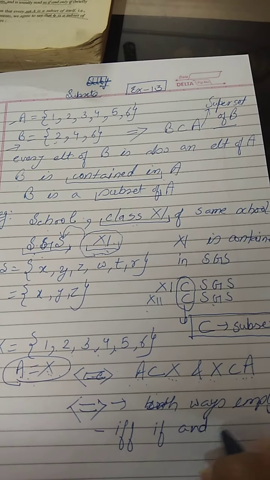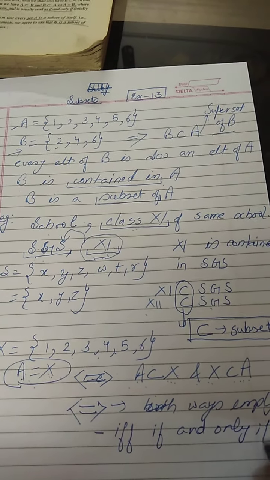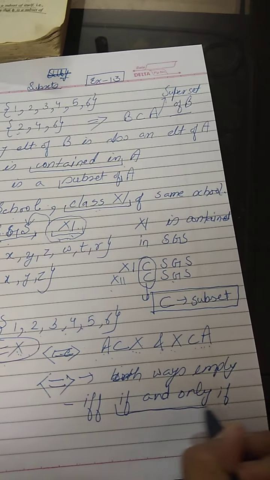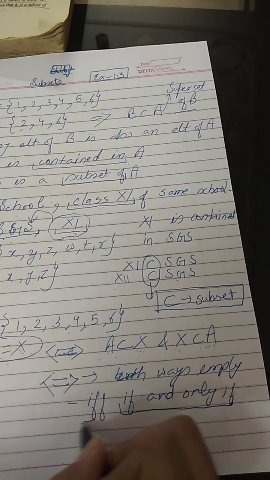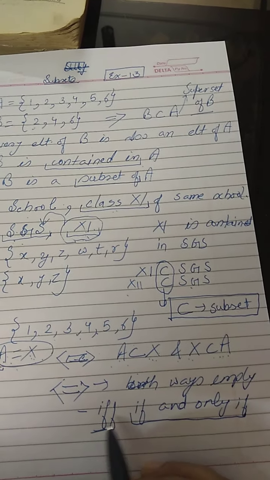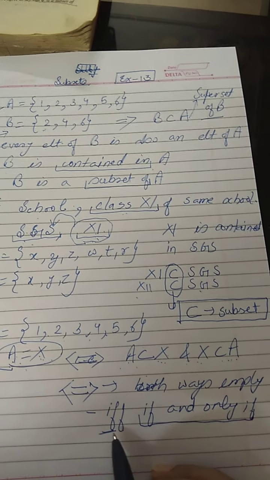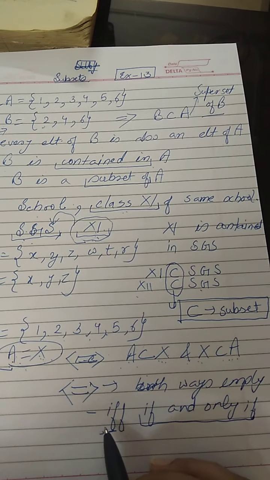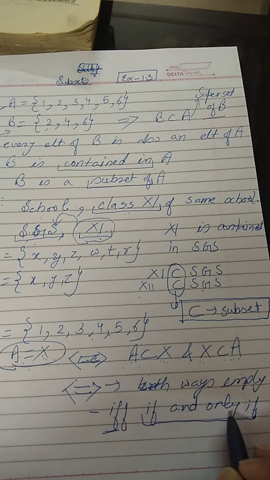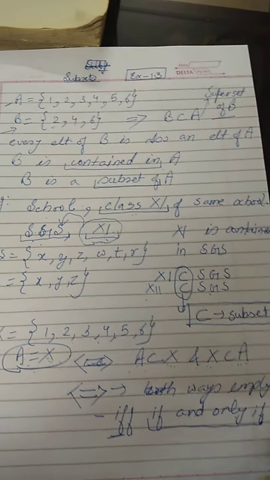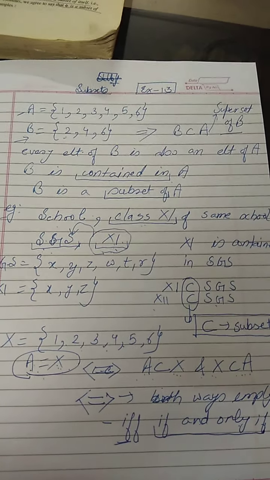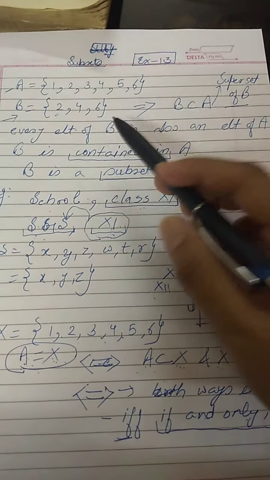When we write if and only if, we can write it as IFF also. Whenever we write IFF, we will read it as if and only if, not just if. That means necessary and sufficient condition. Clear? So we are discussing the subset.